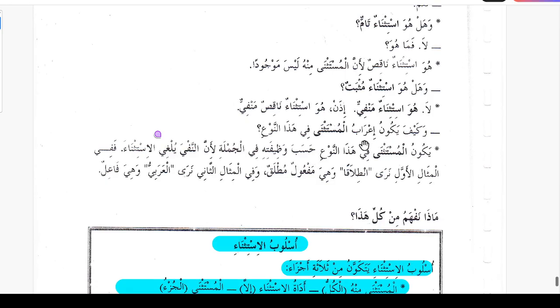Wa kayfa yakunu i'rabul mustasna fi hazihin nawi, so what is the i'rab of the mustasna going to be in this kind?